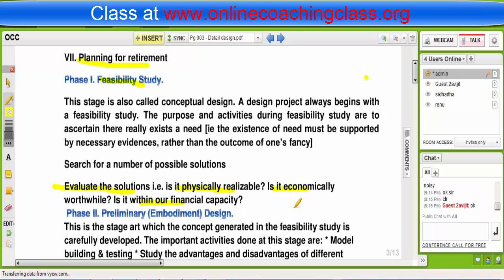If common people do not have the capacity to purchase it, then it is useless. So always ask these three questions in the stage of feasibility study.